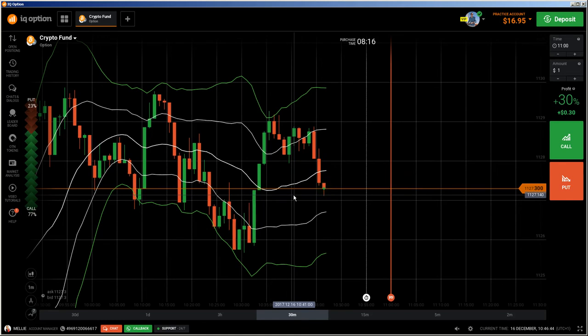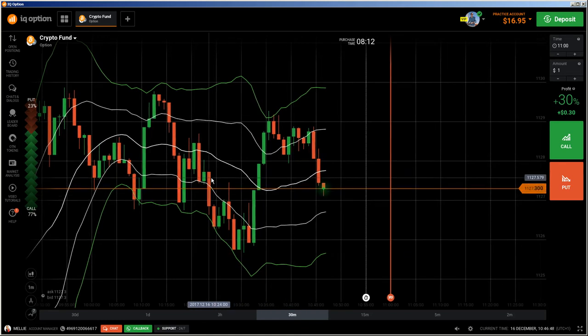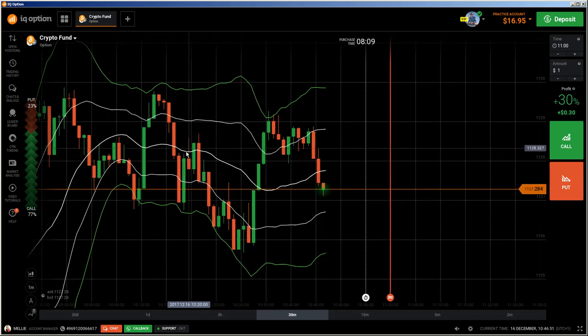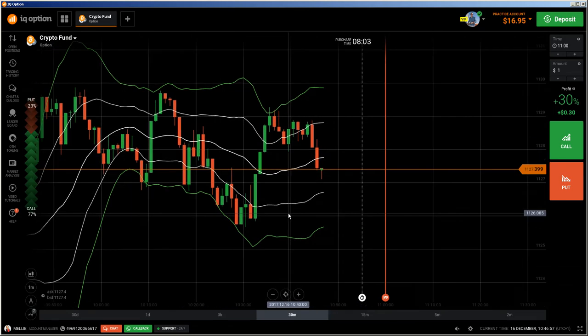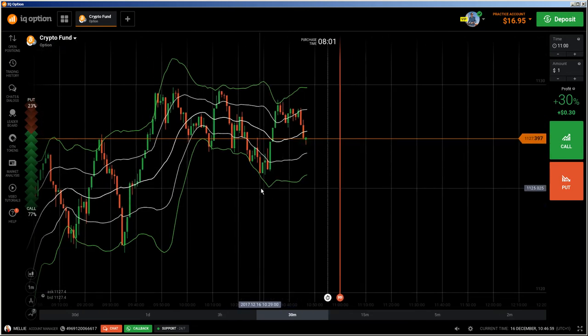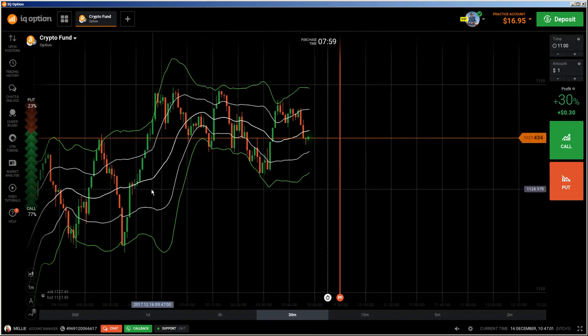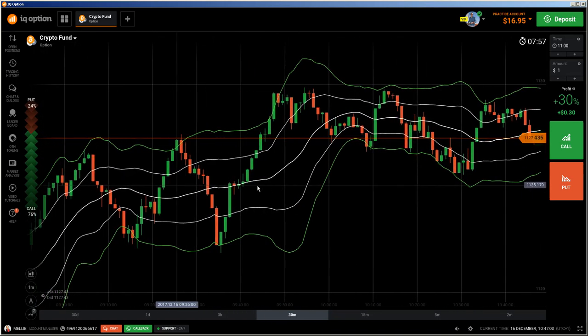But if you see good candlesticks, good rejection, obviously you can trade in this area too, but I try to avoid this area.